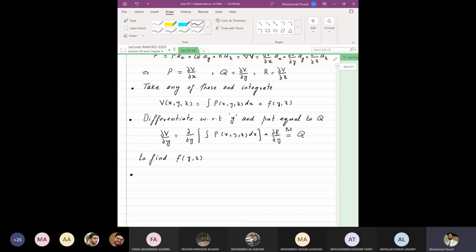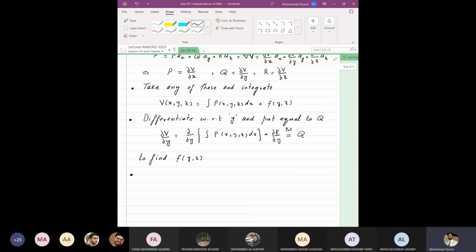We will see this in an example in more detail. So when we do this, we get V of x, y, z equal to this integral plus a function of y and a function of x.